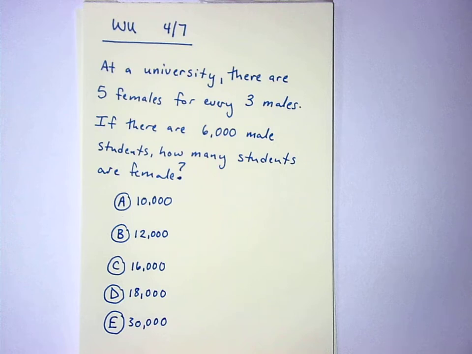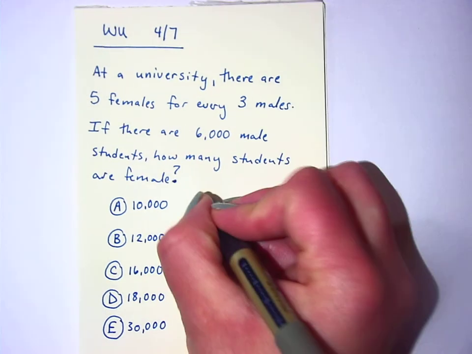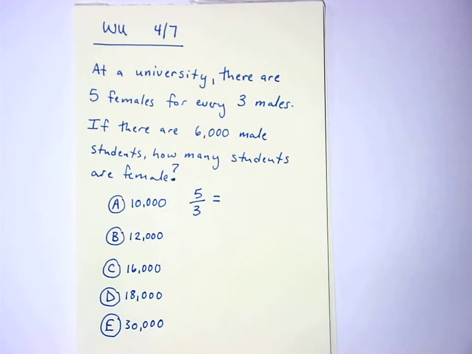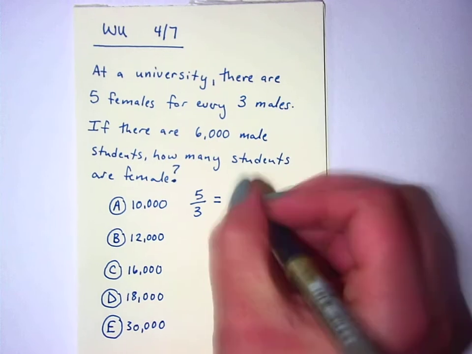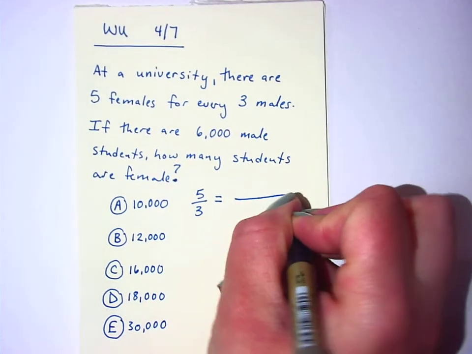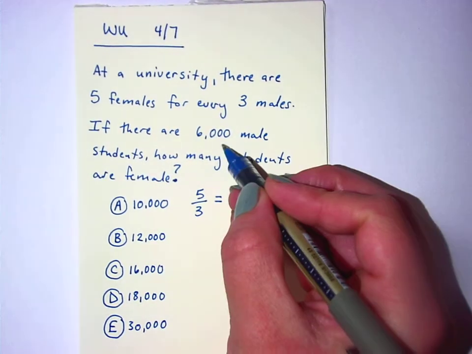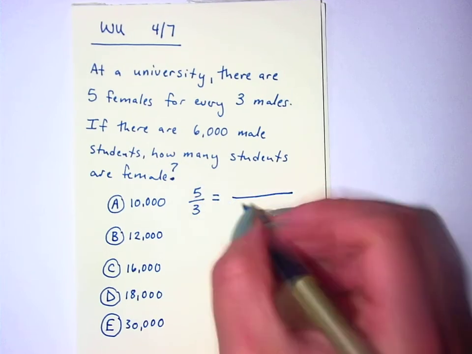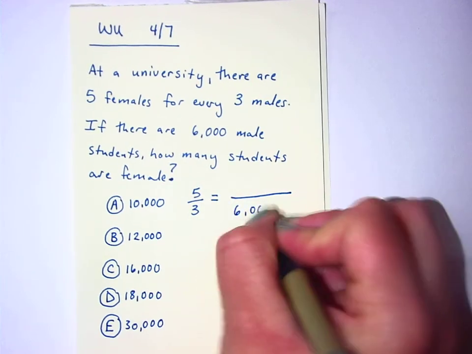So, there are 5 females for every 3 males, so that makes me think that we should set up a proportion. I've got females on top and males on the bottom, 5 over 3. Then it says if there are 6,000 male students, how many are female? So I set up another proportion here, 6,000 male. If you look back over here, the males were on the bottom, so I'm going to put this male on the bottom too.